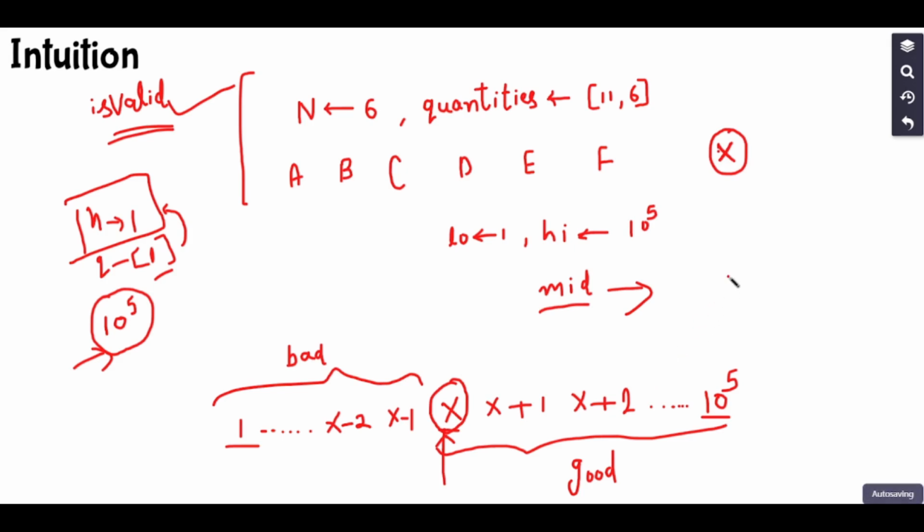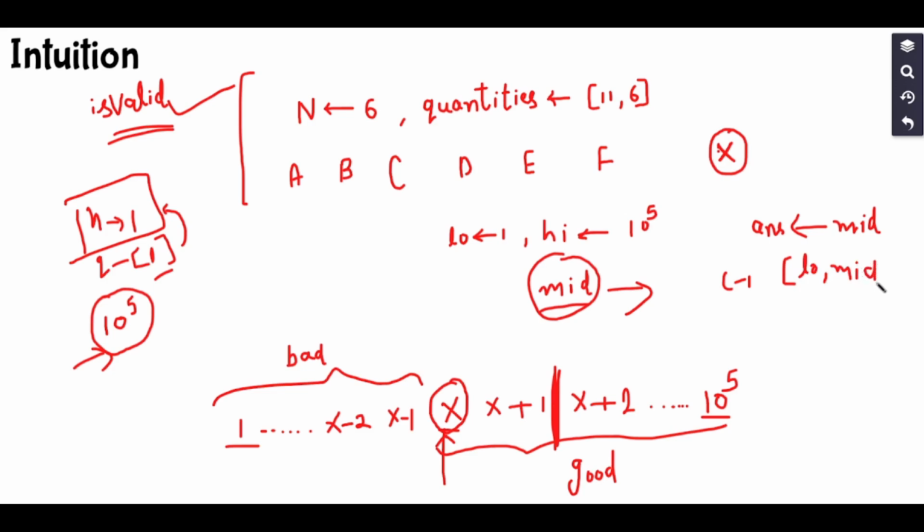If it lies on the good side, then that is the case number 1. In that case, this can be my answer. So let's say mid lies right here, then it can be my answer. So I store this mid into an answer variable, and the search space is reduced to low to mid minus 1. Why? Because I may find my first element or even a lesser number which satisfies the given conditions or which is also valid.